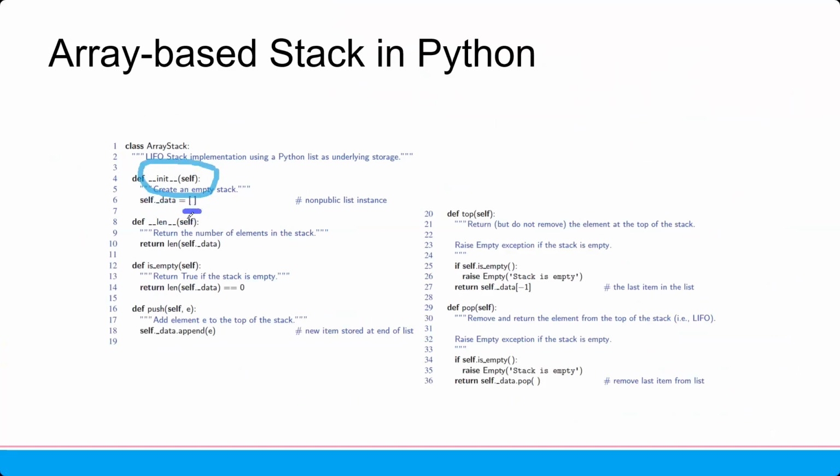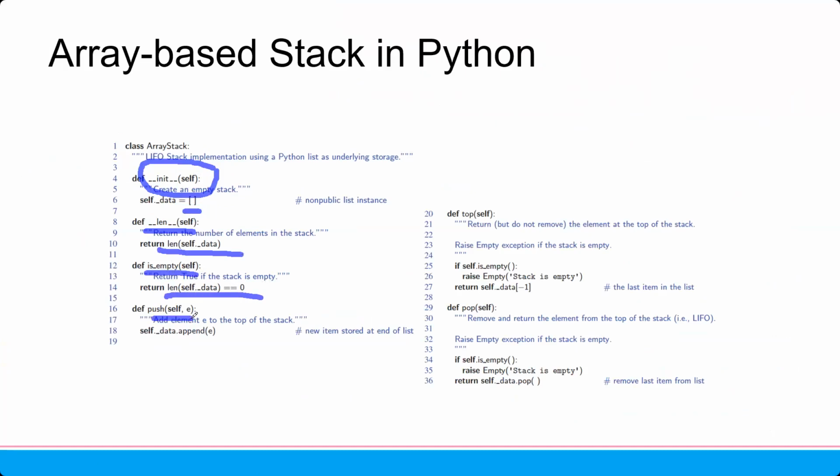And then I want to know the length, so I want to know whether the data is empty. So if the length of the data is 0, then we will return the value True. If it is not 0, then we will get the value False.